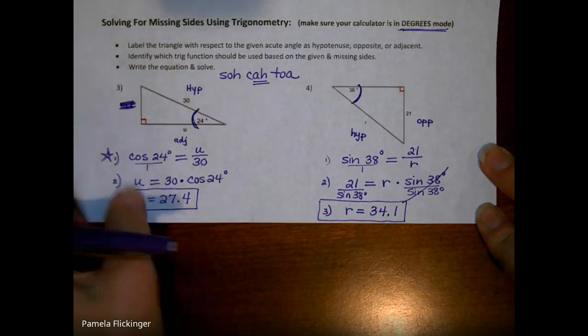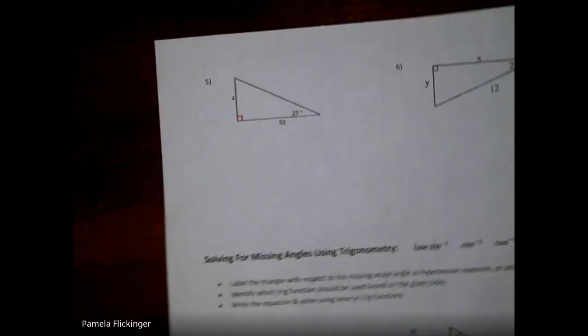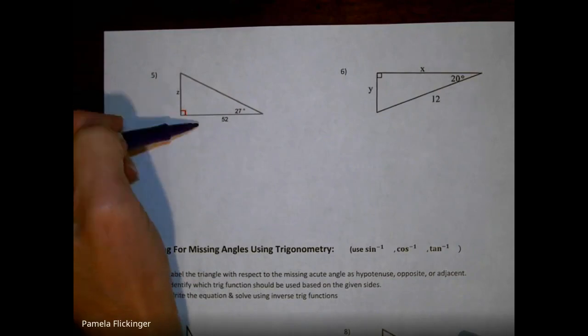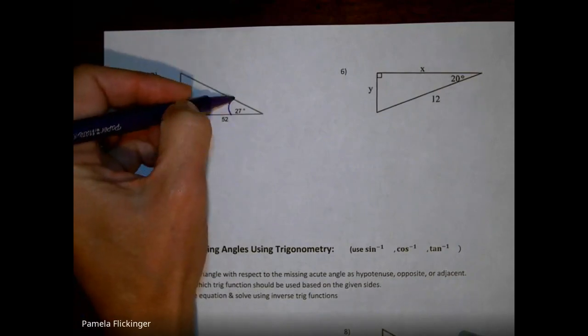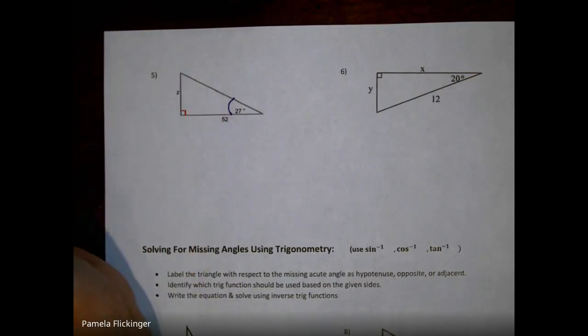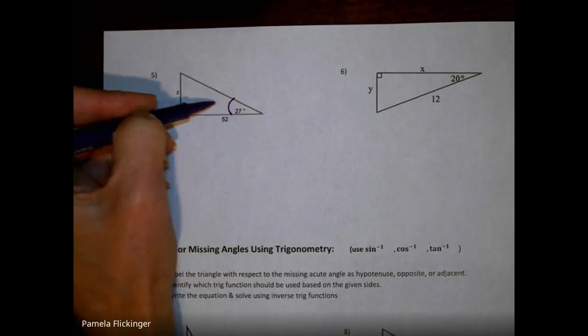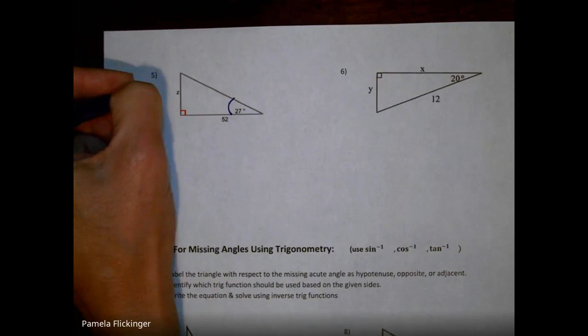Let's do another. All right, can't use Pythagorean theorem, but I do have an angle measure and one other side, so trigonometry is going to work just fine. So with respect to this 27, the Z is opposite.